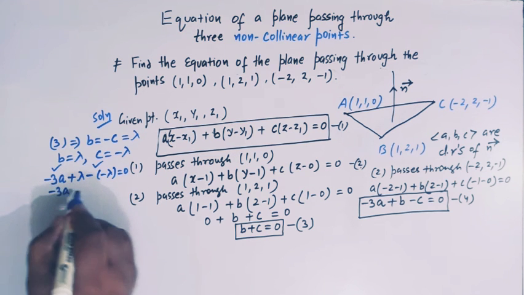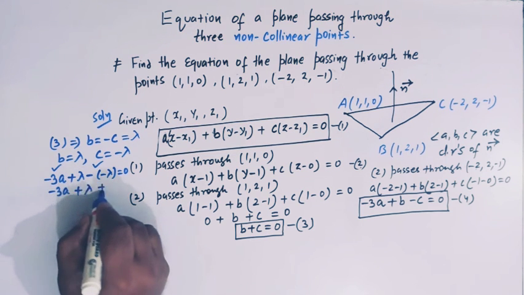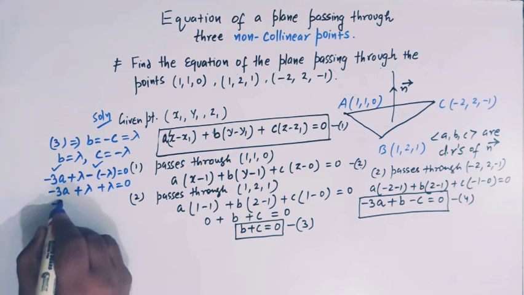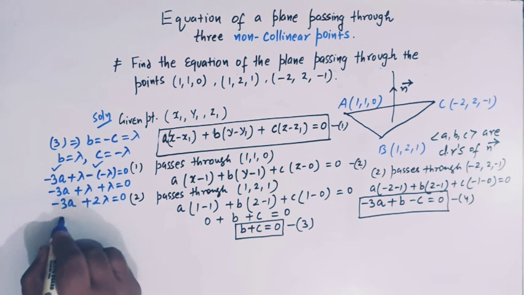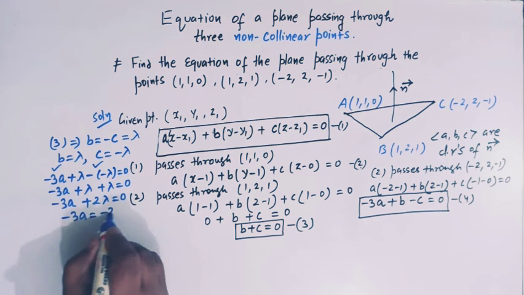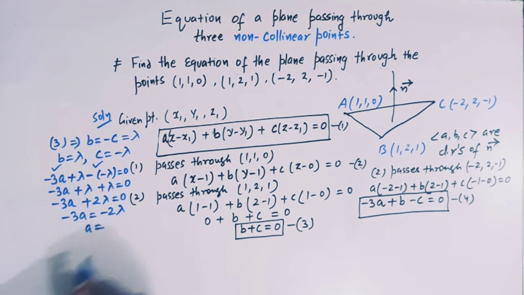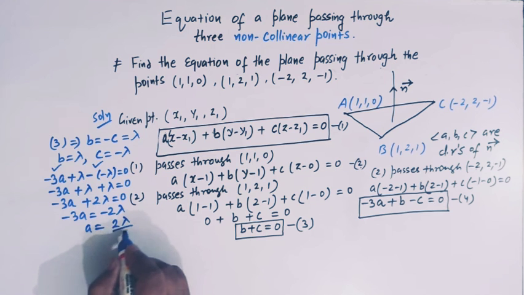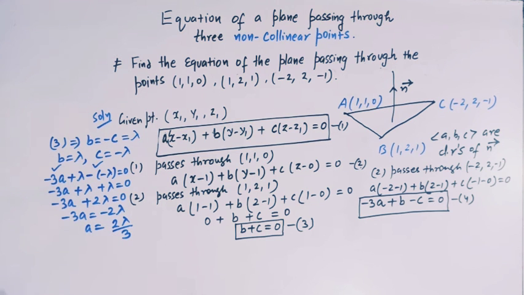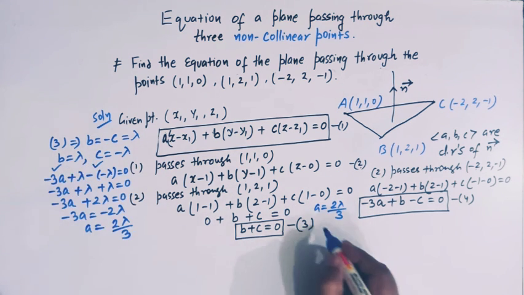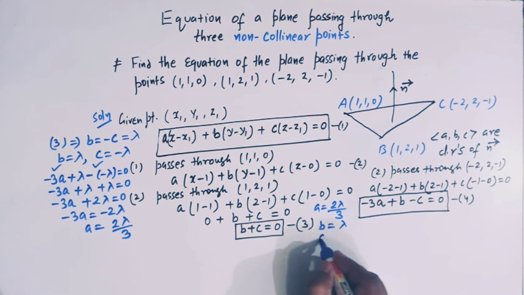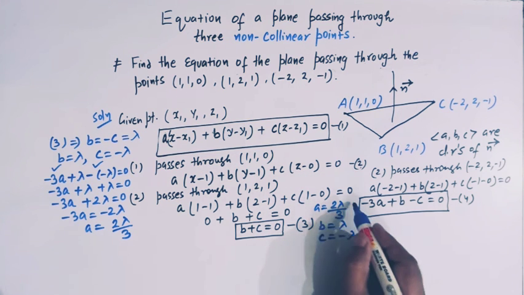So this is -3a + 2 lambda = 0. So -3a = -2 lambda, so a is 2 lambda over 3. So the value of a is 2 lambda over 3, b is lambda and c is -lambda.